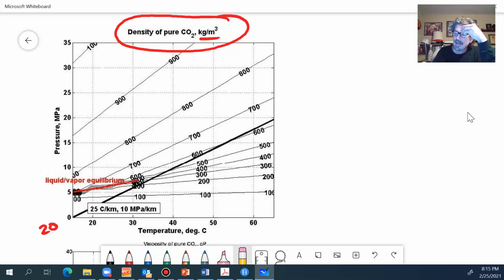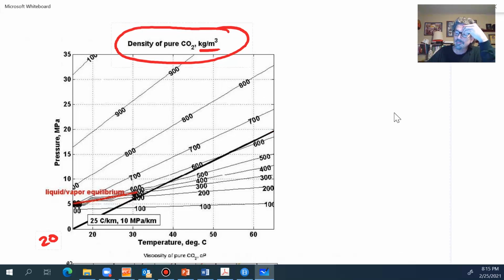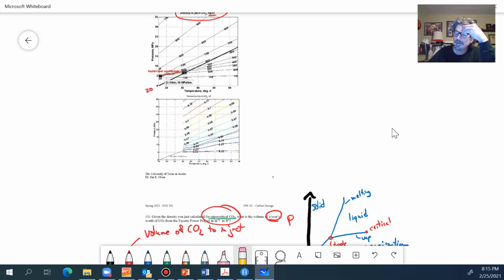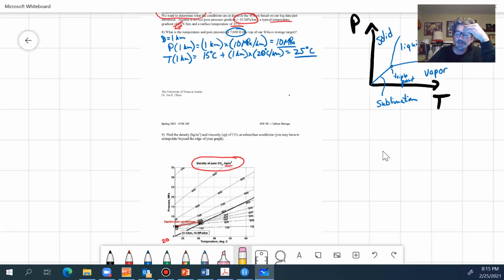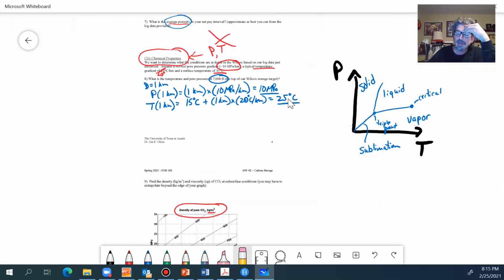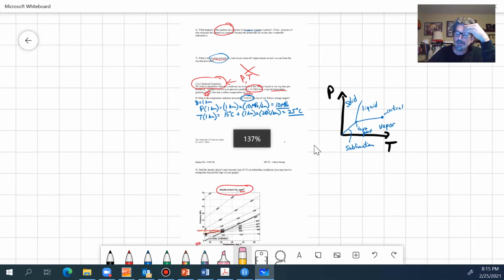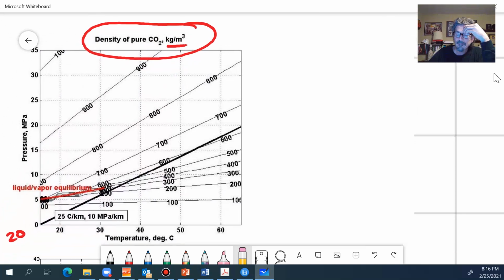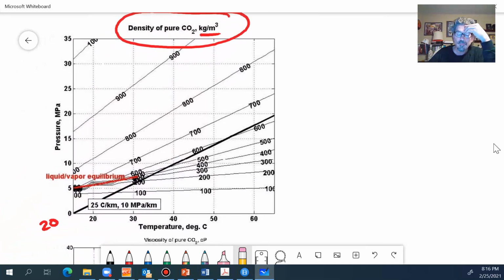So if we take the data from before at 1 kilometer, 10 MPa and 25 degrees C, 25 degrees C is right here. 10 MPa is right there, so that would put me right there.